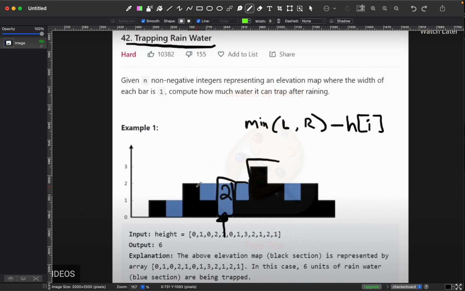So say for example 2 and 2, right? So 2 minus 3, I get -1, which can't calculate any water. For this is this and this, so 2 minus 1, I get 1.